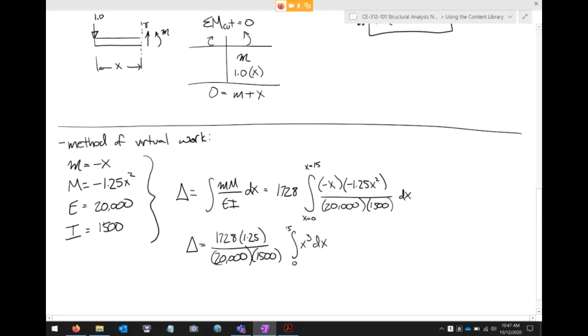Now, this part right here, you should be able to do that. If you want to use your calculator, like your Casio will actually do this.